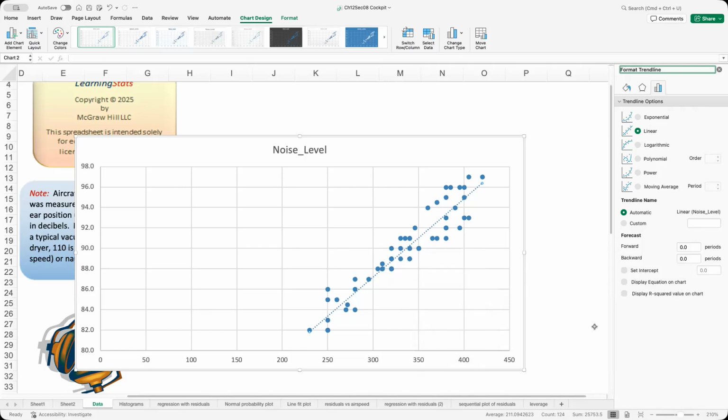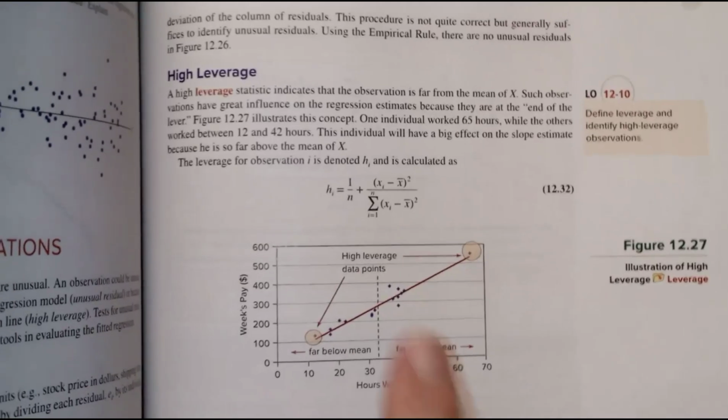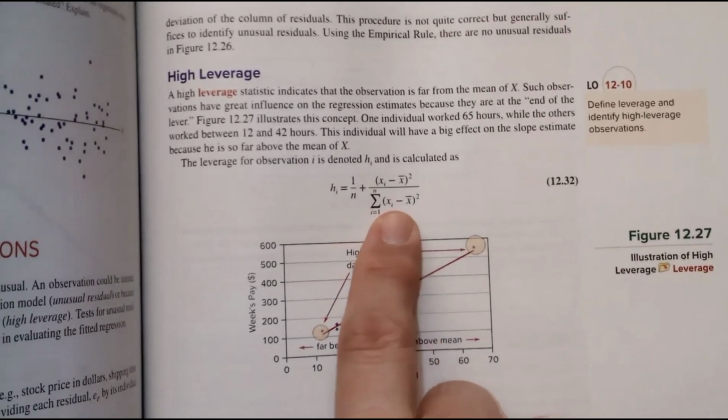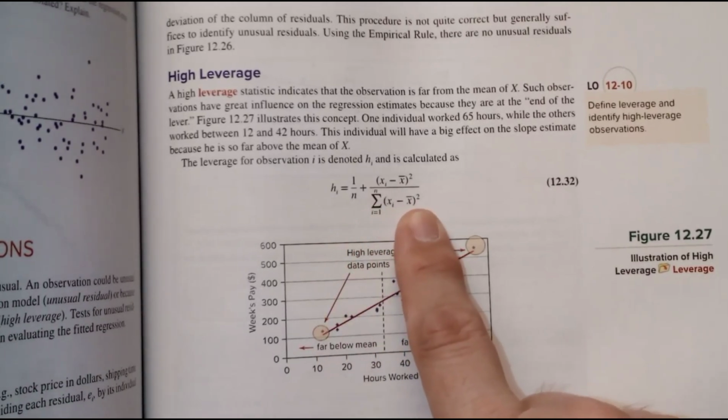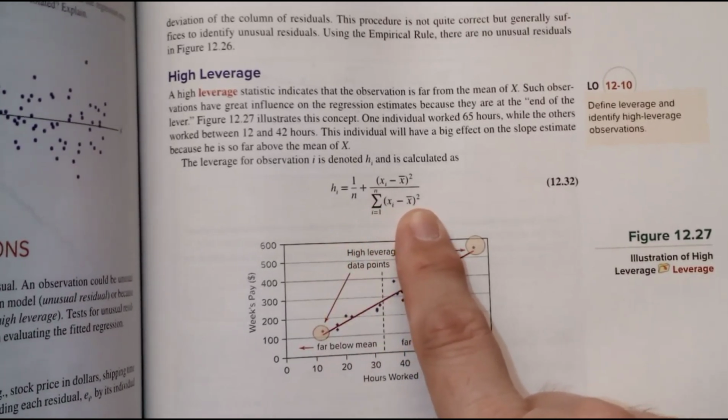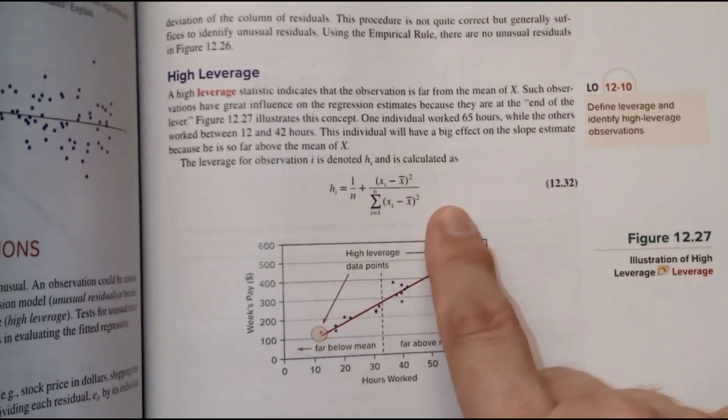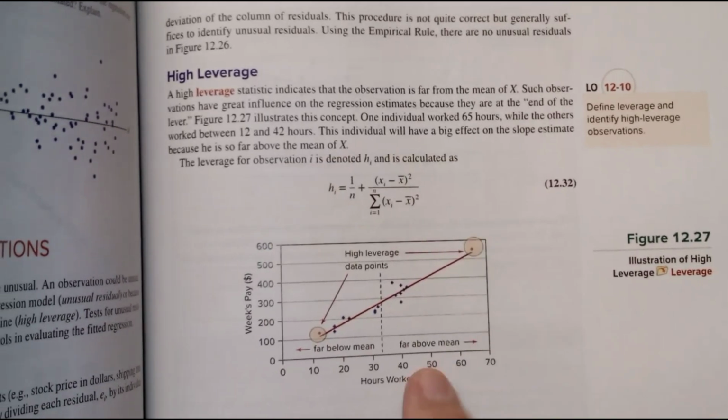I've never used this computation. Here's a formula for a leverage value. I can't do this in Excel except manually, so I don't. I mean, I can do it for our one example, but it's going to take me working this whole thing out by hand. But look at the picture.